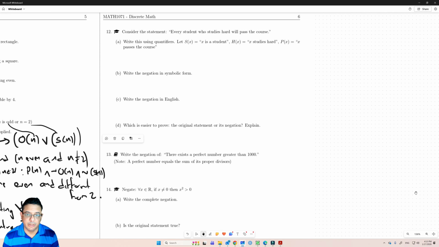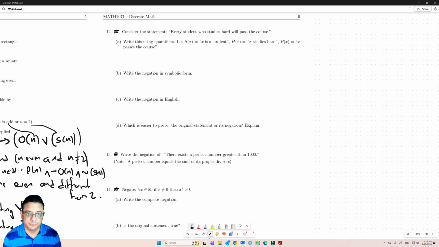Let's go to question number 12. We have every student who studies hard will pass the course. So we want to represent this in symbolic form. We have the statement S of x is a student, H of x studies hard, and P of x passes the course.